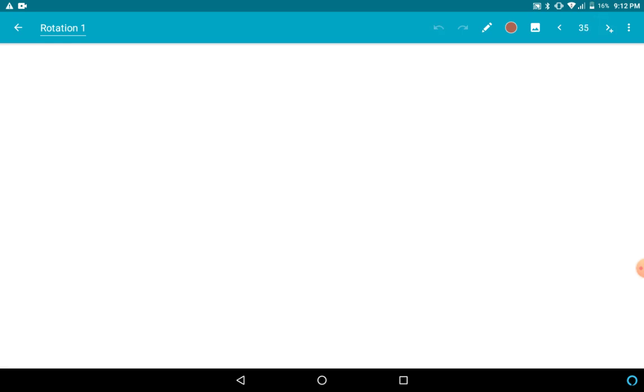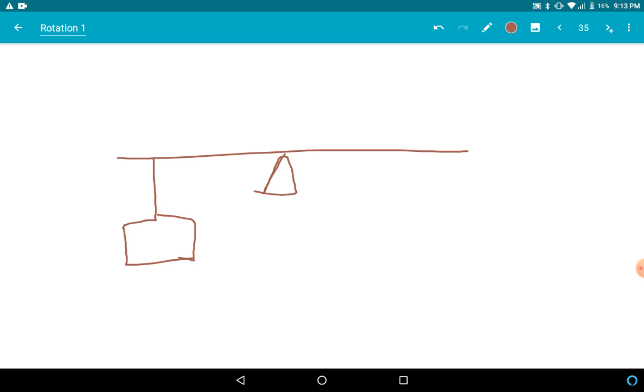So now let's give you a 1 meter scale at the middle. Now let's give a weight here, a weight of let's say 40 GF.